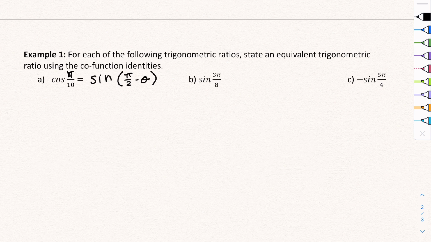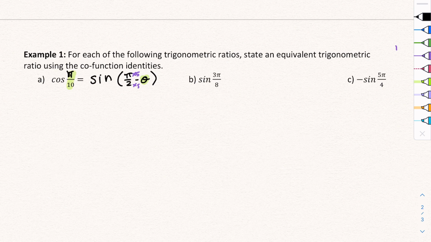So now we need to take a look at the equivalent. Here, we have a denominator of 2. We want the denominator to be 10. So we're going to multiply this by 5, which means we're going to multiply this by 5 as well. And then our theta is going to be pi over 10.